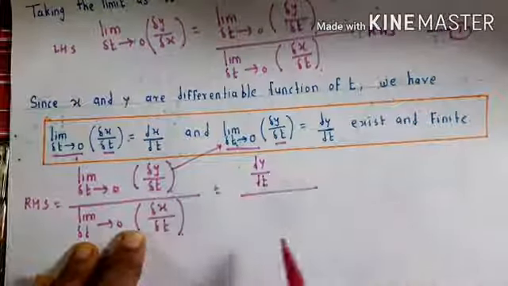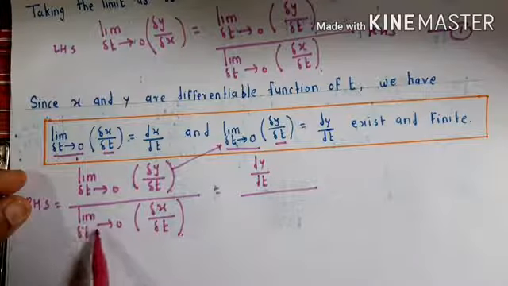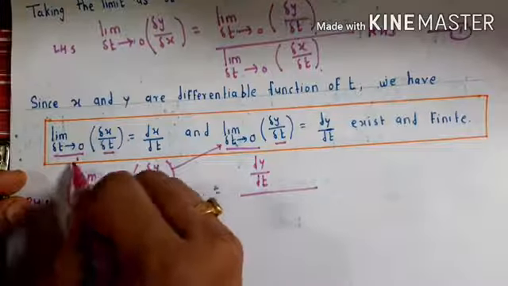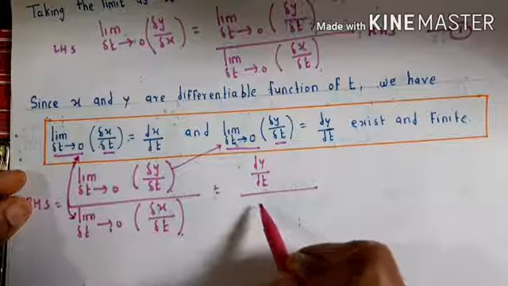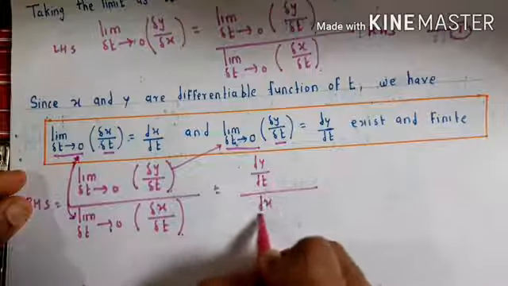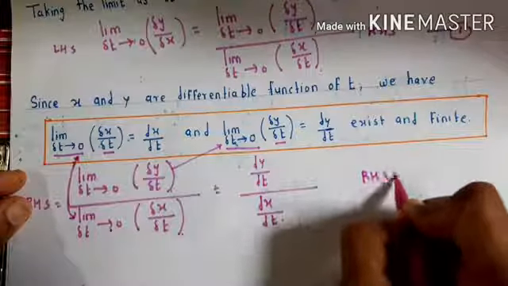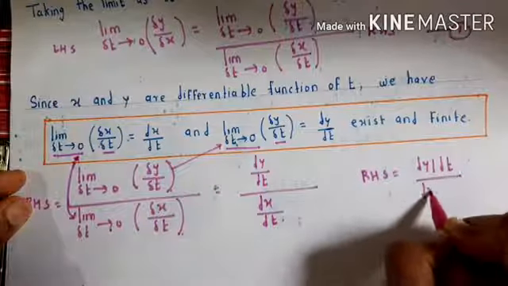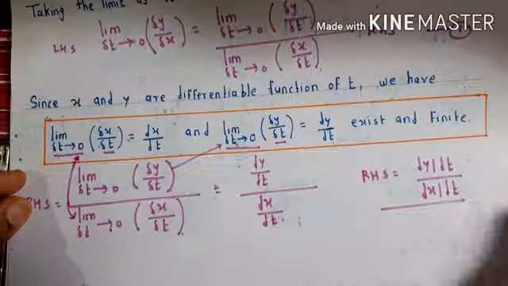And the value of the denominator, that is limit delta t tends to 0, delta x upon delta t, by using this definition we put here, that is equal to dx by dt. And hence RHS equal to dy by dt upon dx by dt. This is RHS. Now what is the LHS?